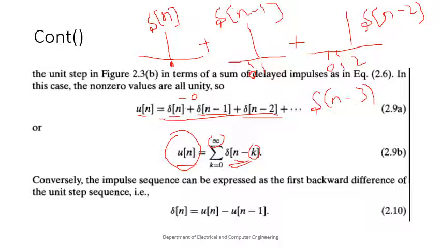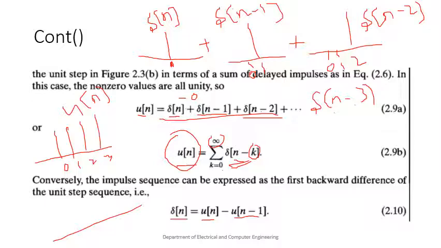Now, conversely, we can use the unit step to generate the unit impulse. This is our unit step, 0, 1, 2, 3. This is U of n. And we are subtracting from it this signal, which is shifted towards the right.